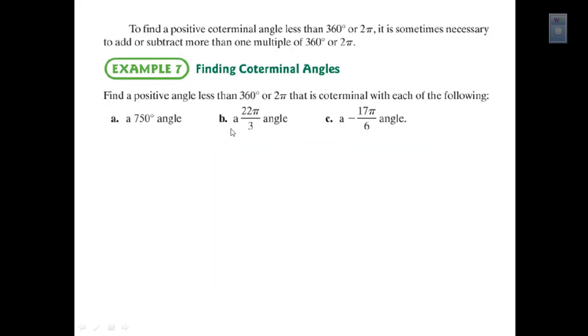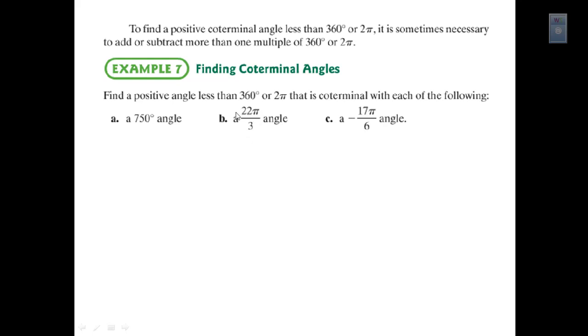Now, you may have to add or subtract 360 or 2 pi more than one time. 750, if we subtract 360, we're still going to be greater than 360, so we're going to have to subtract it again. Same thing with the 22 pi over 3. 3 goes into 22 7 times, so that's over 7 pi.